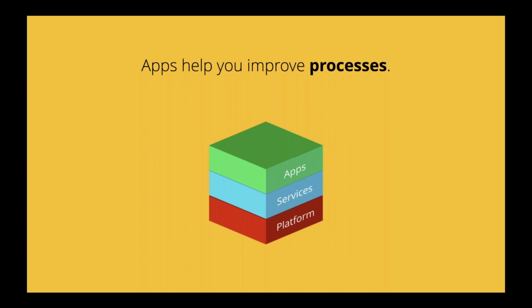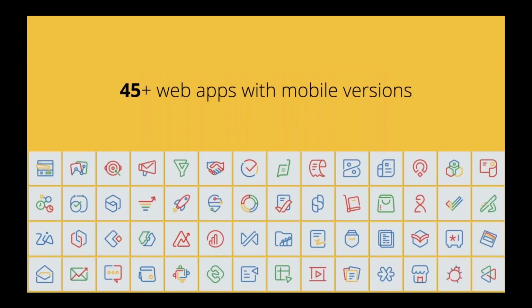There are all of these applications like that, and like I said, Zoho One has over 45 applications. In addition to having a web app, these applications also come with a mobile version. So for that CRM app that you can use on your laptop or desktop computer, there's also a mobile app for your iOS and Android devices.